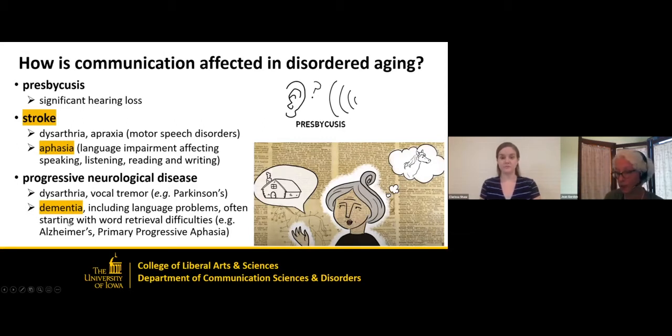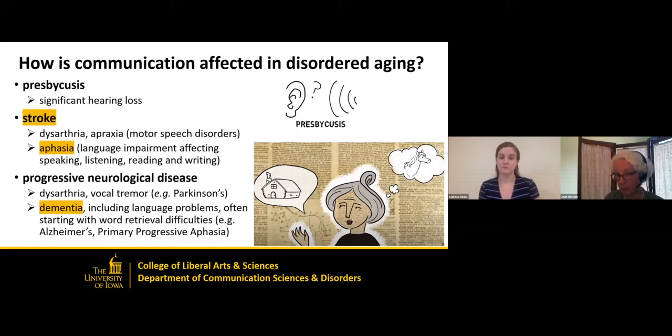Another common age-related disorder is our progressive neurological diseases, and they can also cause speech or language problems. So motor speech disorders, such as dysarthria or vocal tremor, are common with subcortical dementias like Parkinson's disease, and language problems are common with cortical dementias like Alzheimer's disease or primary progressive aphasia.